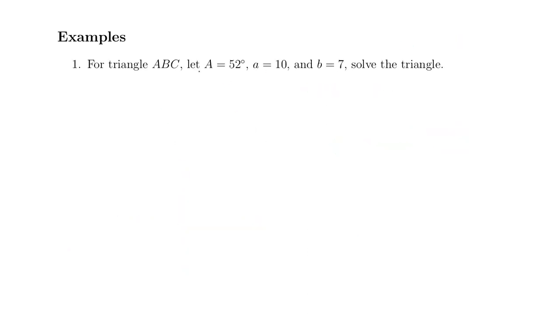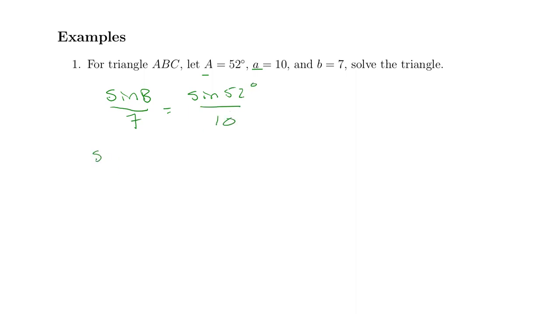So anyways, notice we have a pair of angle and side length, and then we've got another side length here. So this is our SSA, because we've got one pair of opposite side lengths and angles. So what we can do is say sine of B, maybe I'll leave off the degree, over 7 equals sine of 52 degrees over 10.